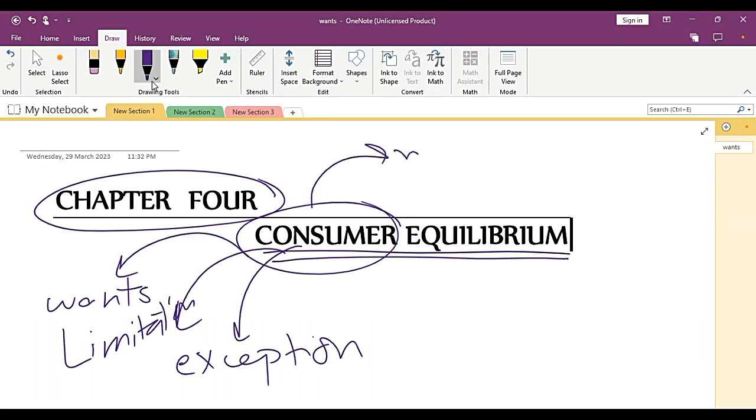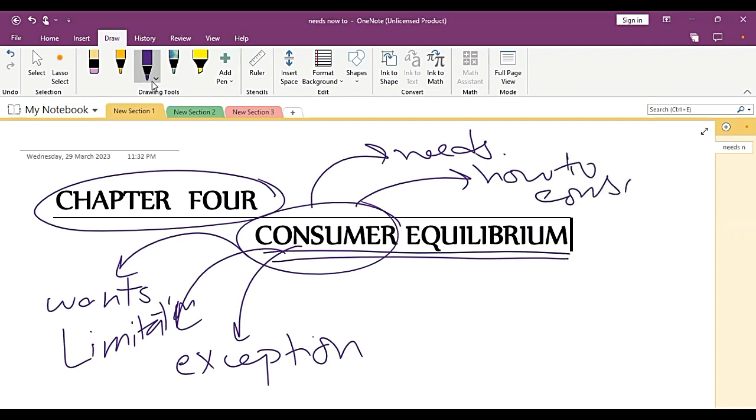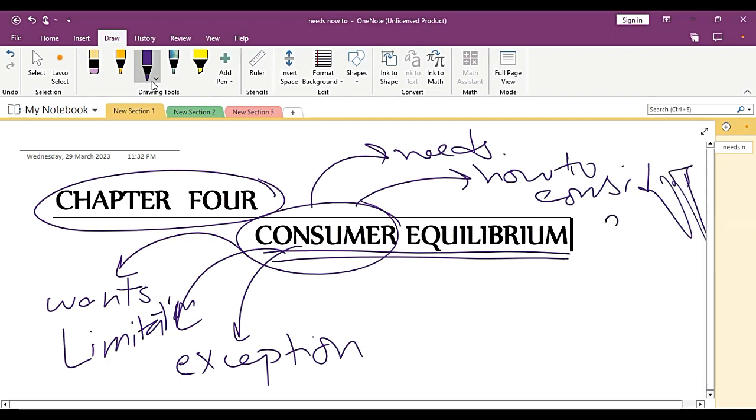What are its needs? How does he consider any opportunity?